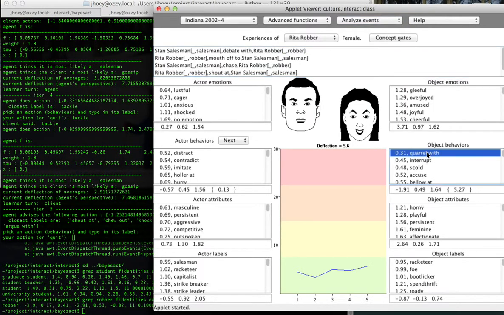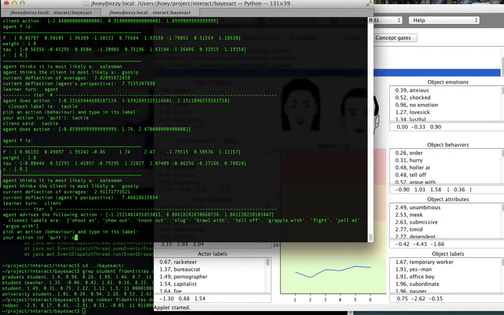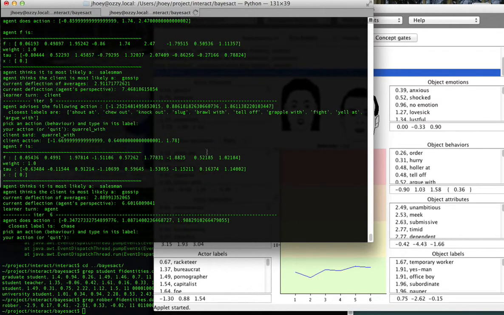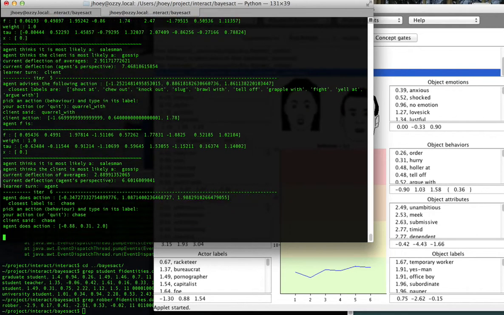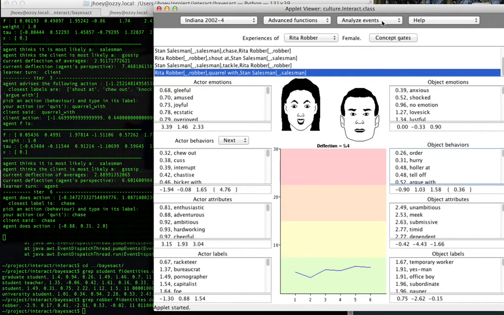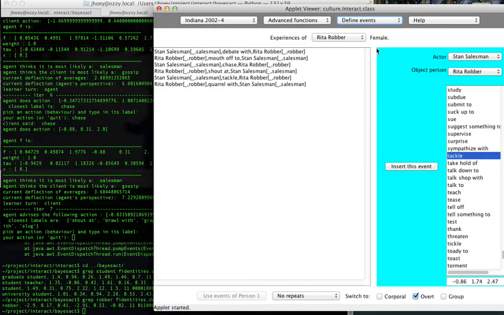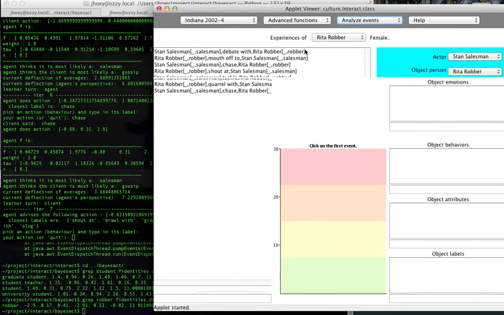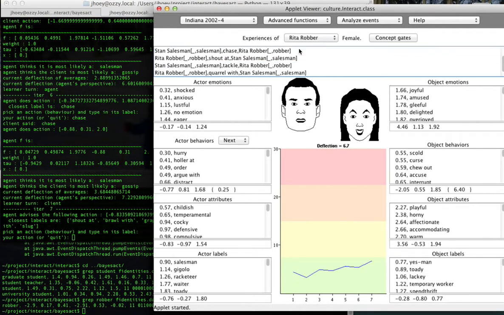So Rita the robber will quarrel with Stan now. Again, he has figured out that she's quite negative. These other numbers aren't changing a whole lot, so he's going to chase her now again. We'll go back and put that in here as chase. And run that again to see what Rita the robber should do next.